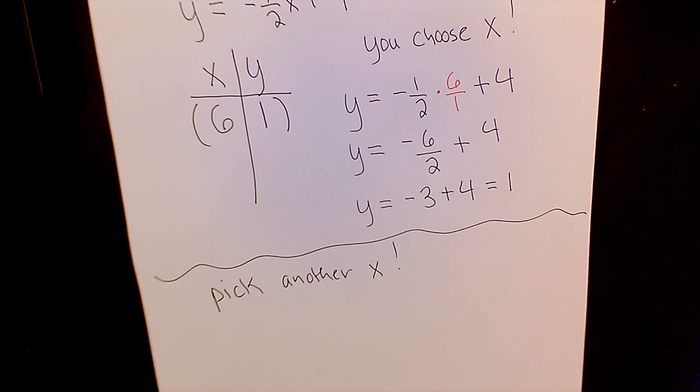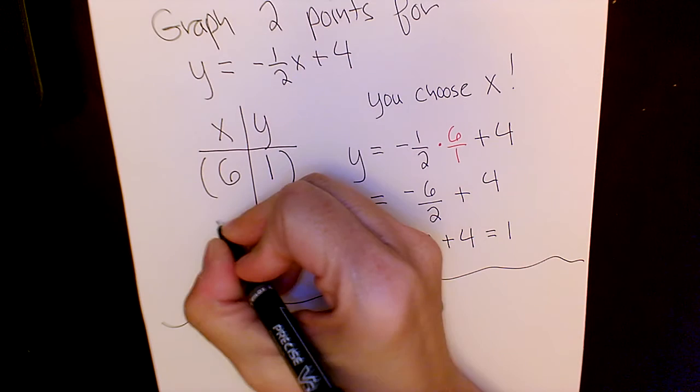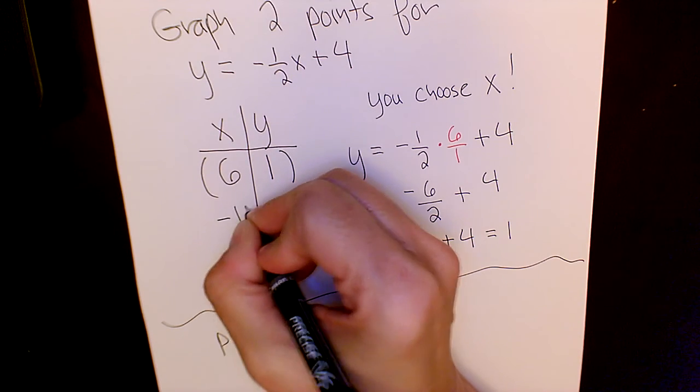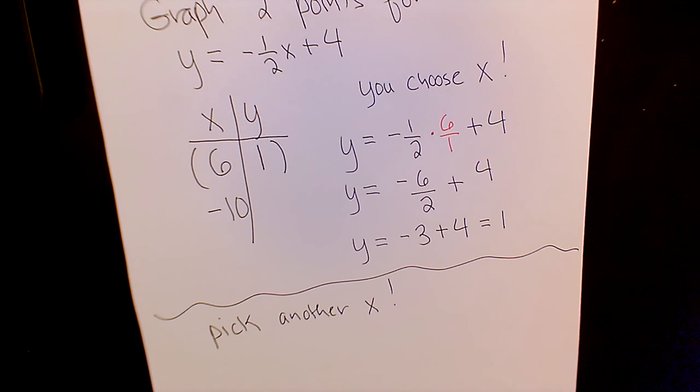So my first x was an even number, 6, and I'm going to do another even. Let's see, I'm going to pick -10. So what if x is -10?